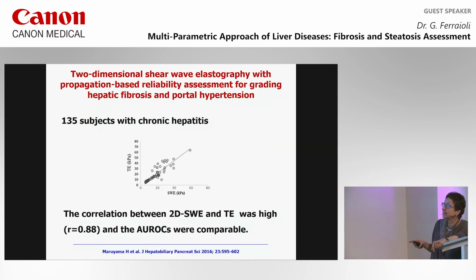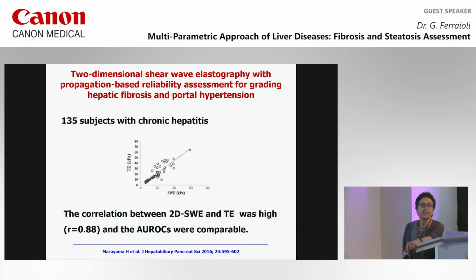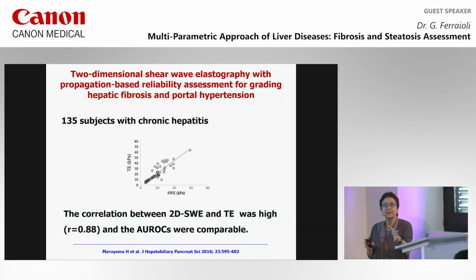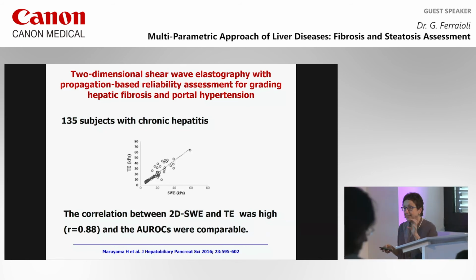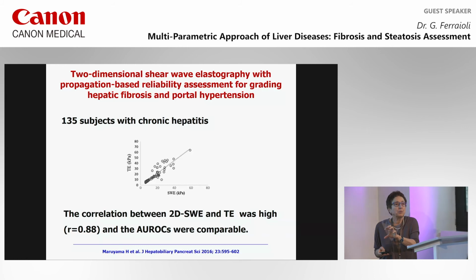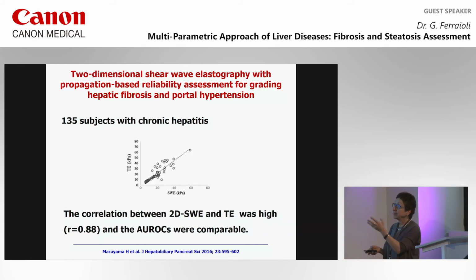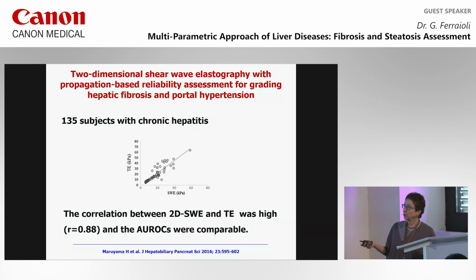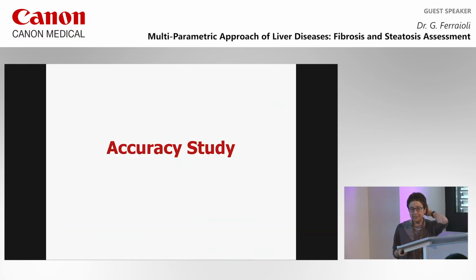And in another study, the same results. So in three different and independent studies, the same result was obtained. High concordance up to at least 12 kilopascal between the two-dimensional shear-wave elastography on the Canon system and the FibroScan.